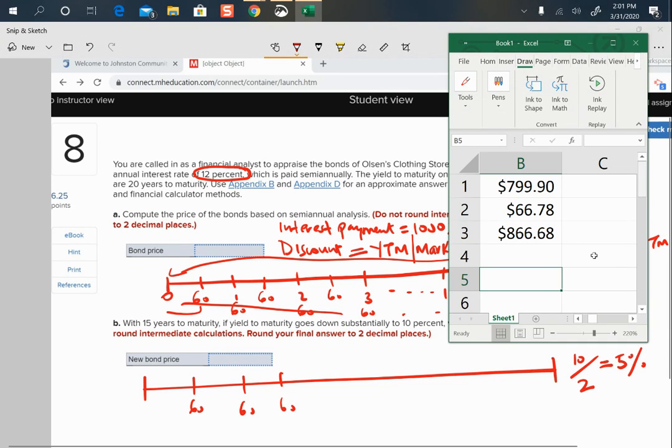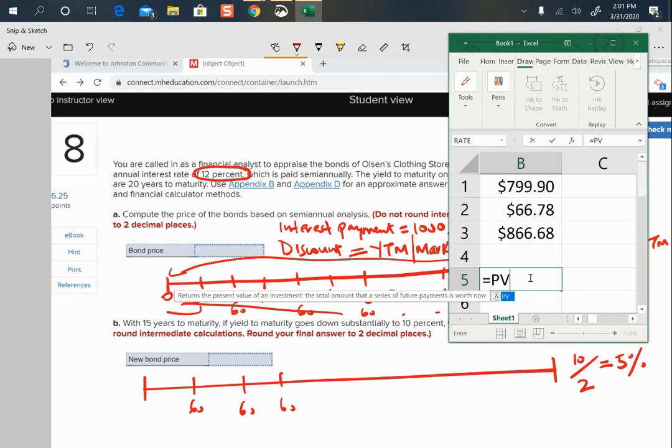So what you end up seeing is the same thing. In this example, the present value of this bond will be, we know that the rate changes from 14% to 10%, and therefore our rate per period is 5% because we still have 2 periods per year. The total number of periods also changes because we have 15 years to maturity and 2 periods per year, and therefore the total periods remaining is going to be 15 times 2, which is 30 periods.